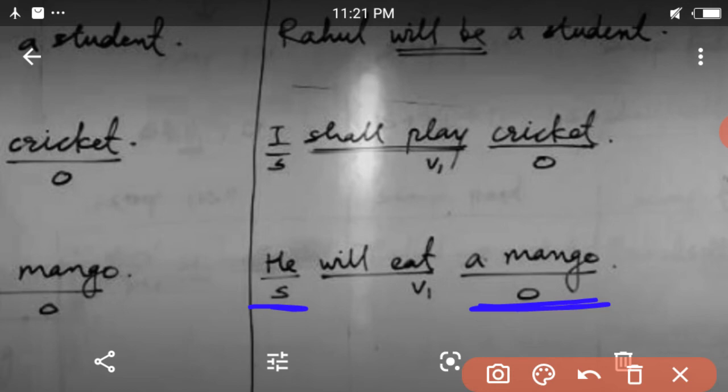That is shall or will plus V1, so here I have written will eat. As the subject is third person singular, we can use the word will with it, and V1 of it, that is eat itself. So what answer did we get? He will eat a mango.